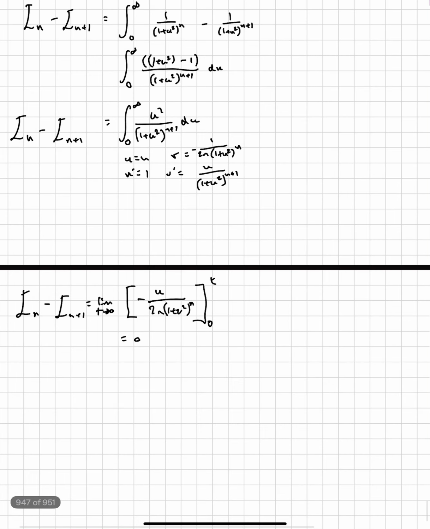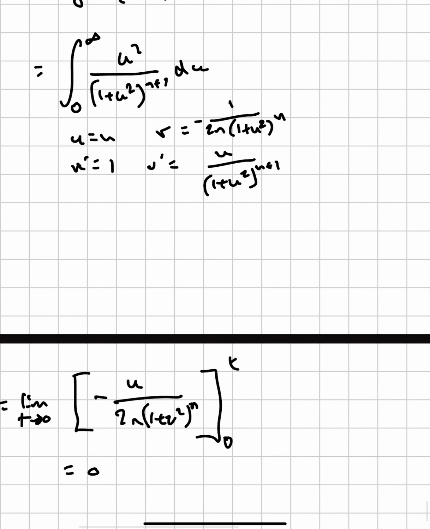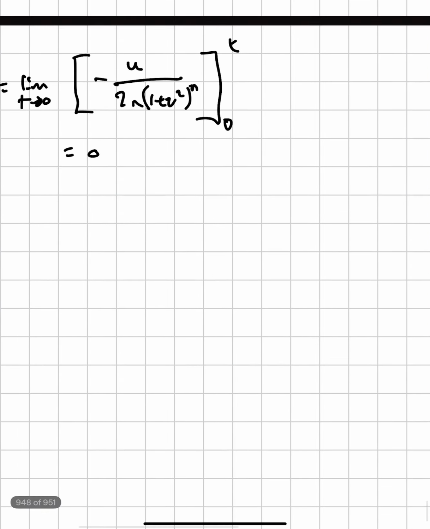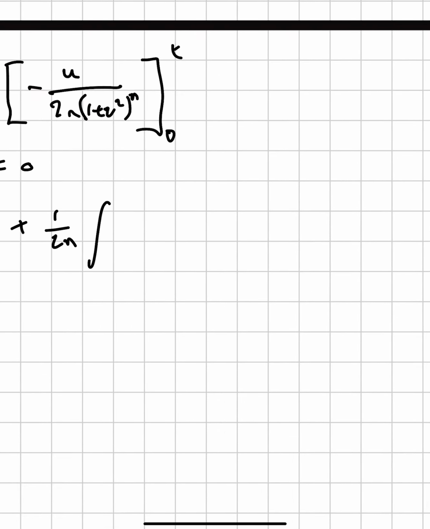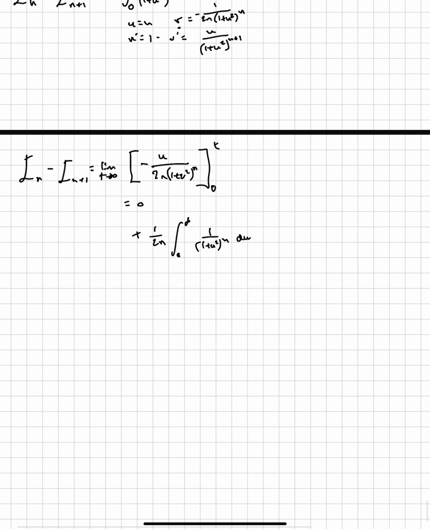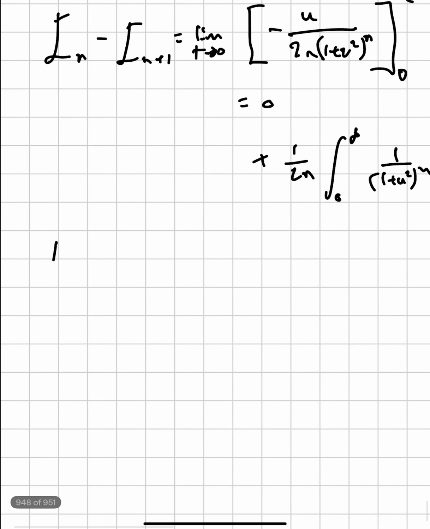For the integration part of our parts, we want to do minus u prime times v, so this turns into a plus. So we have plus 1 over 2n, because n is constant, times the integral between 0 and infinity of 1 over (1 plus u squared) to the n du, which is I of n. So I of n minus I of n plus 1 is equal to 1 over 2n of I of n, which is what we're looking for.